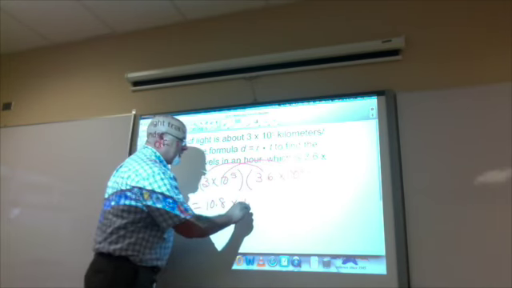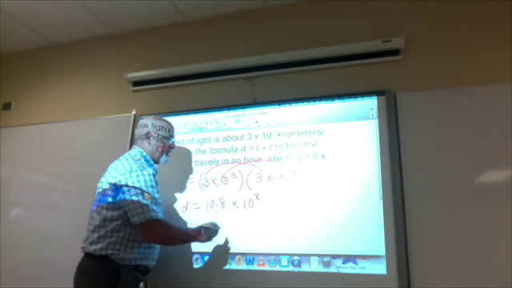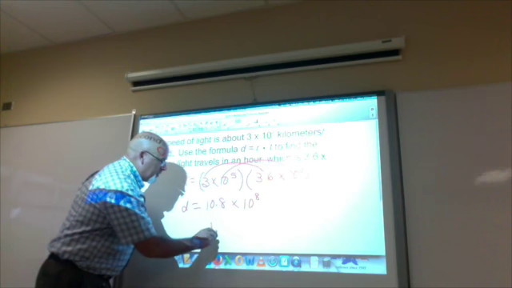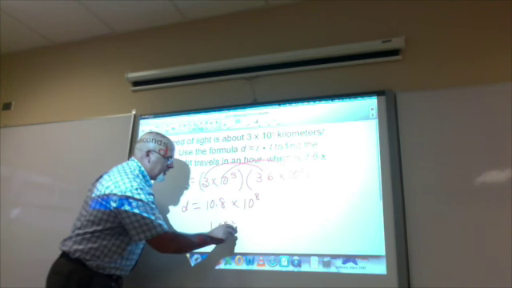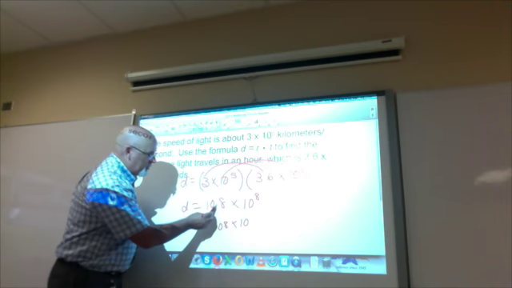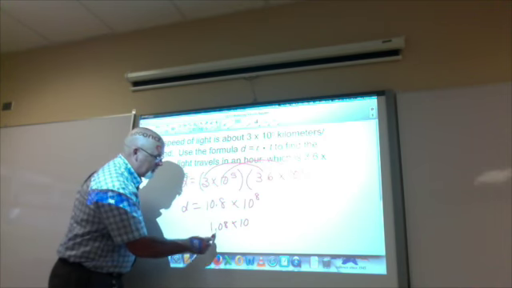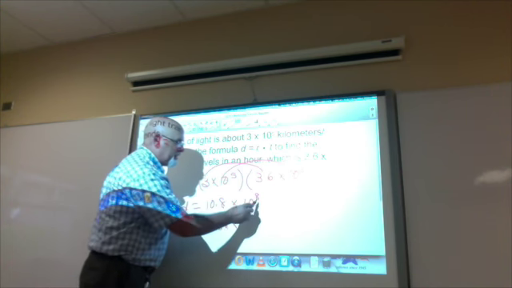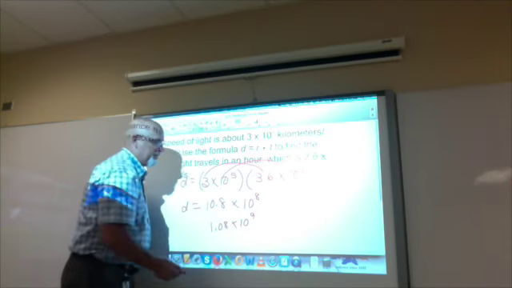So that gives us 10 to the 8. Now to put it in scientific notation, this would have to be 1.08 times 10. To move it back to where it was after the 0, we have to move it one place to the right. One place to the right means we increase the 8 by 1, 10 to the 9.